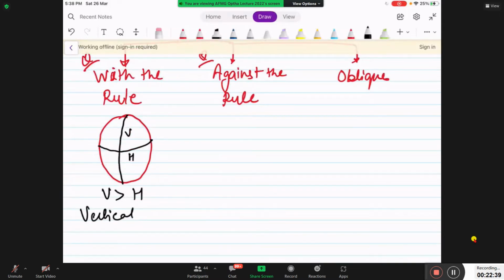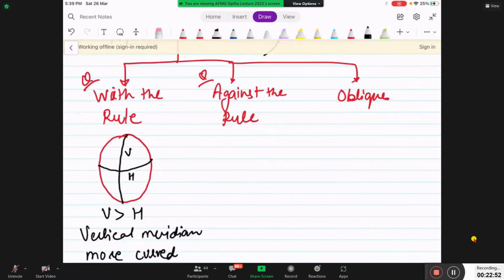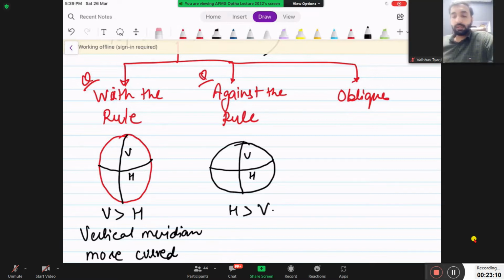So the vertical meridian is more curved in with the rule astigmatism, whereas in against the rule astigmatism, the cornea will be like this, in which the horizontal meridian is more curved than your vertical meridian. So that will induce against the rule astigmatism.